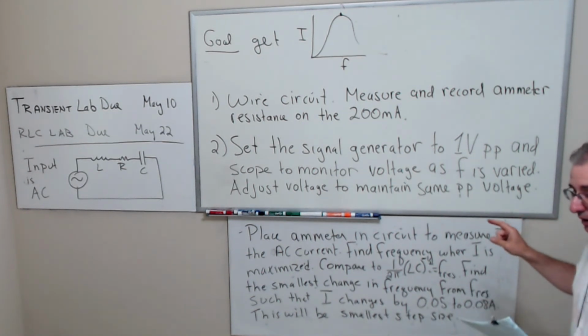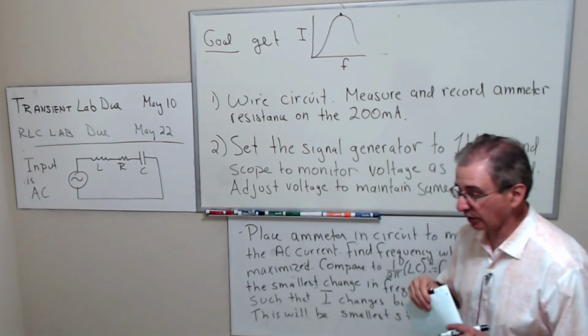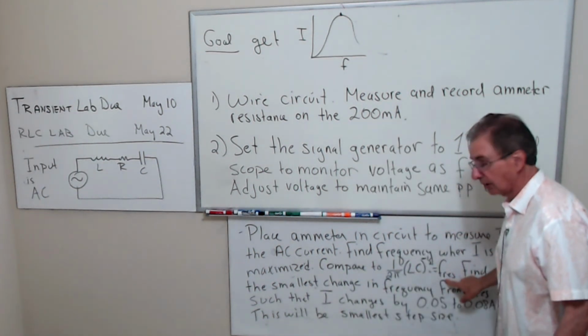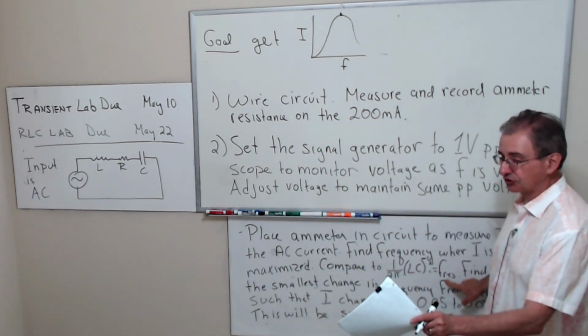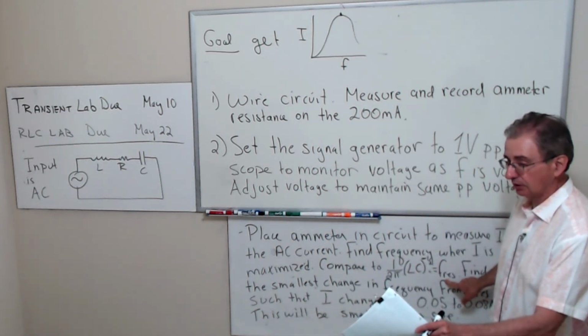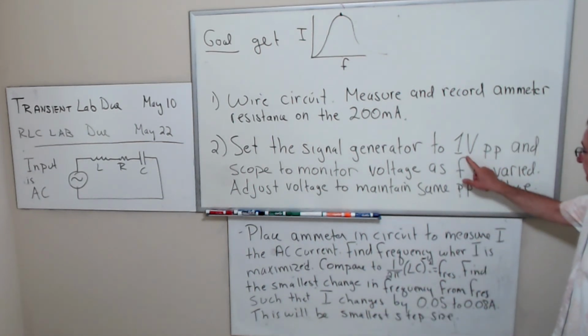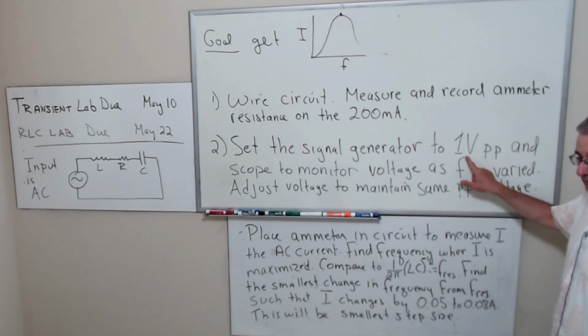So, and hear me out on this one, this is important. If you're at the resonance frequency and the voltage on the signal generator gets distorted, then reduce this voltage. This is a problem with the signal generator.